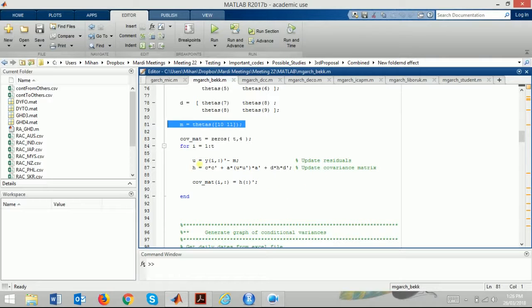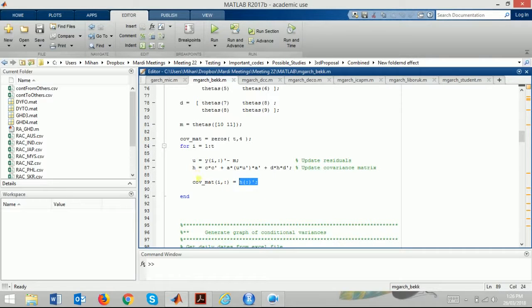Let's just put it in a loop, for i equals 1 to t. Residuals are updated, t rows 4 columns, right? And for the 4 columns we have h, standard deviations, estimated u and h, then covariance with i rows for all columns, which is t rows 4 columns.